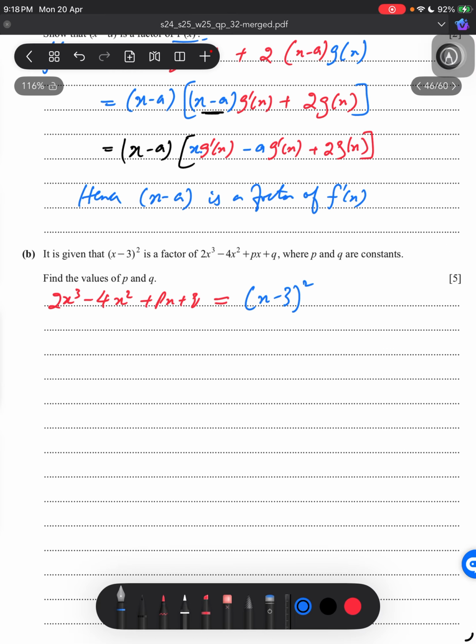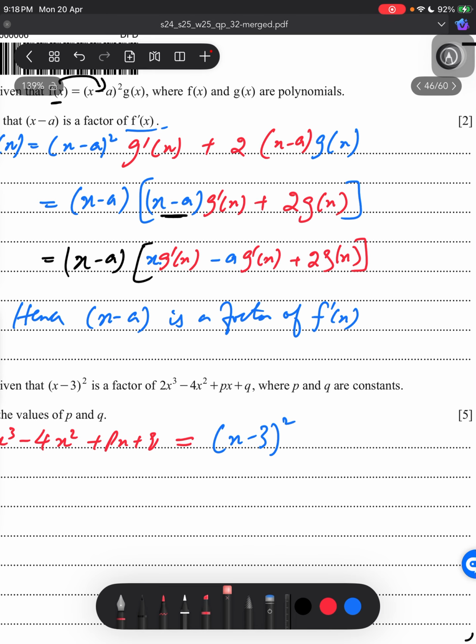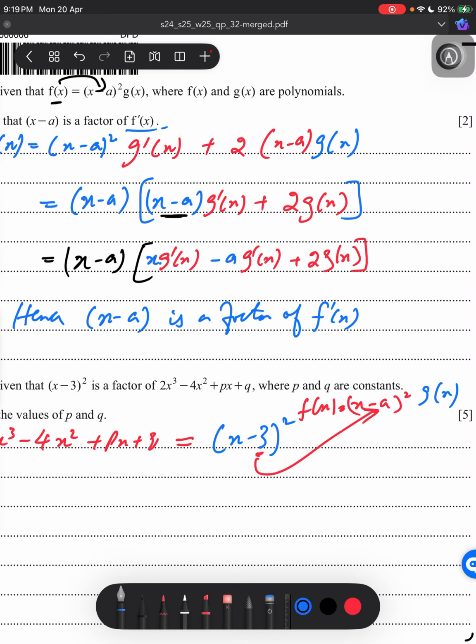So let's assume, let's say we had f of x equals x minus a, keeping above thing, f of x equals x minus a whole square. Instead of this a, we have this 3. So we can say that if that was the factor of g of x, this whole thing can also have a factor of f prime.